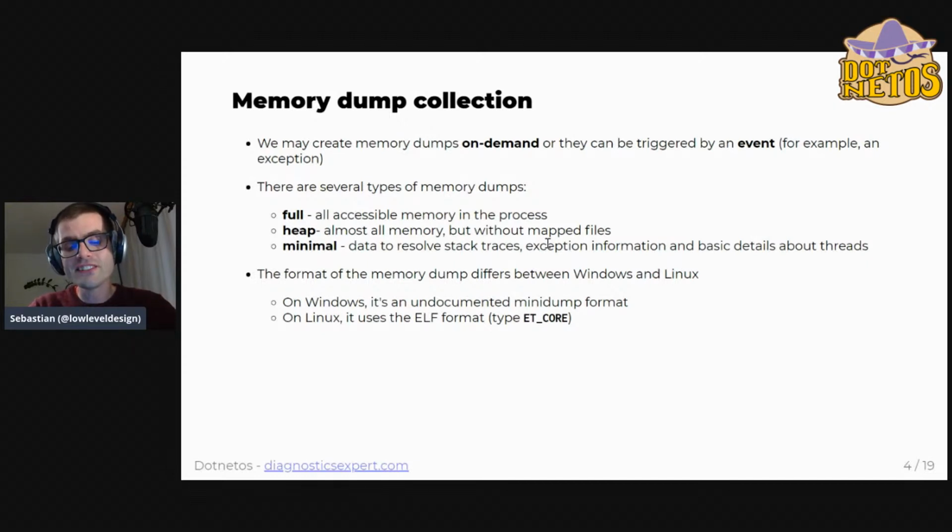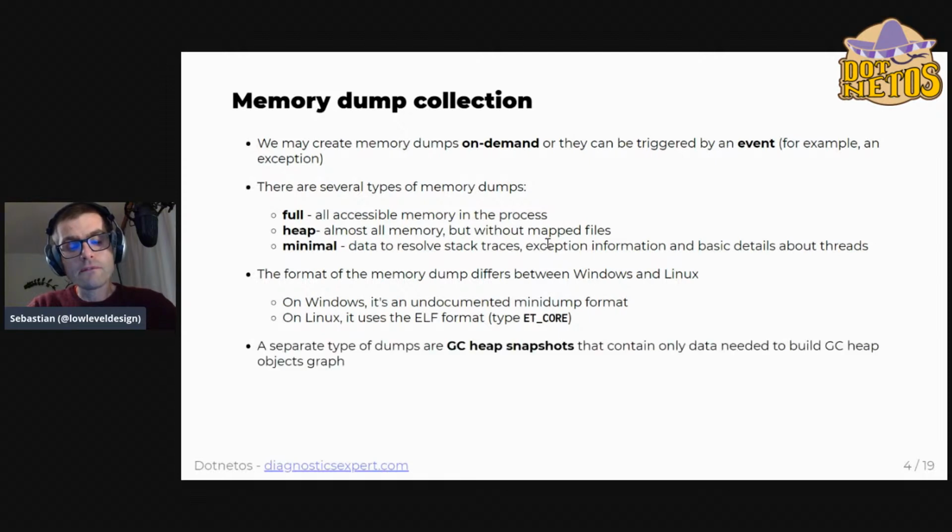Interestingly, there is a separate type called ET_CORE, where the same format is used to store the core dump information. So the sections in the file contain the memory of a process, and not what you would usually think of, so the assembly code and the data sections.